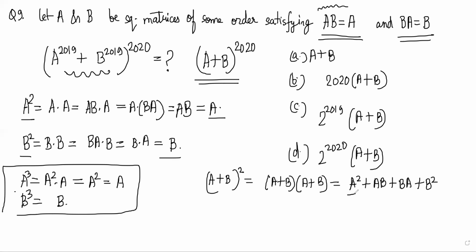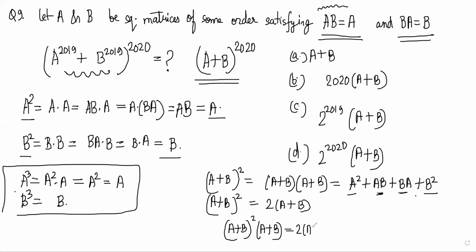A square is A, B square is B, AB is A, BA is B. So it is 2 times A plus B. If you do A plus B whole power 3, that is A plus B whole square into A plus B. So it is 2 times A plus B whole square, which is 2 times A plus B, so it is 2 square times A plus B.